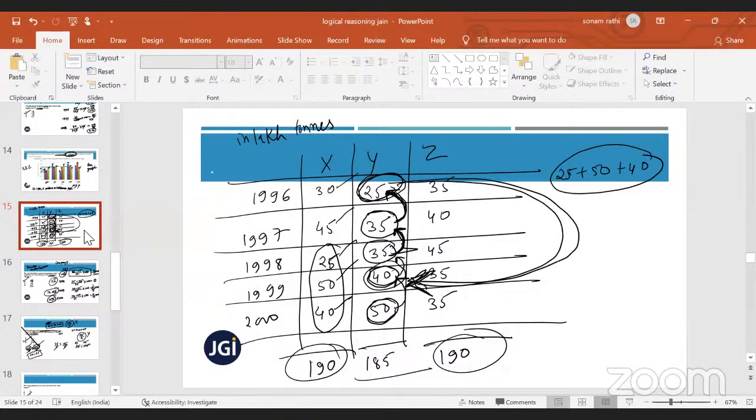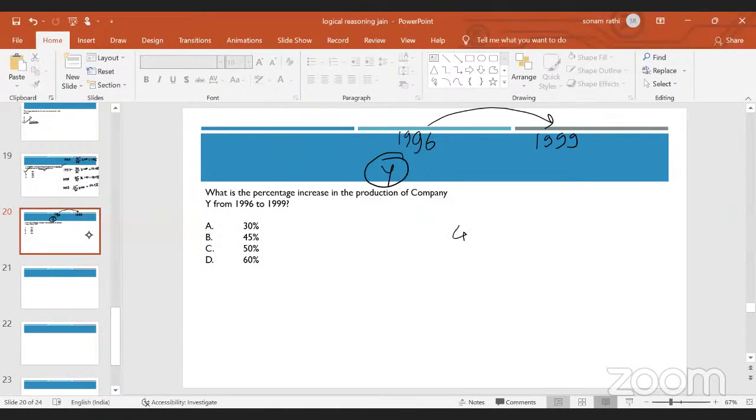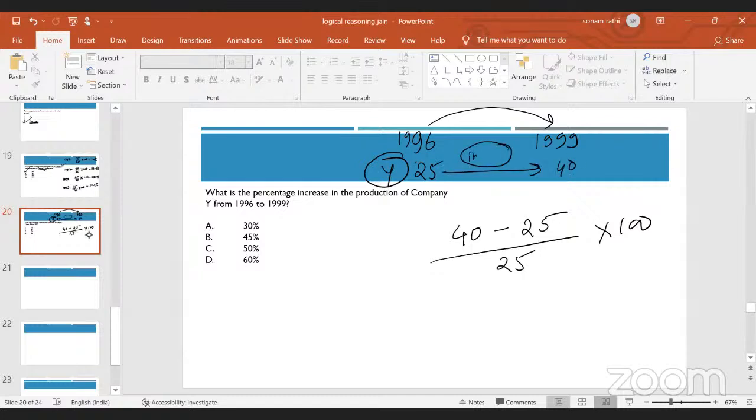Got it? 1996 to 1999, company Y. So how do you calculate increase? I told you, new minus the previous upon previous into 100. This is how we do comparison, because this was 25, this was 40. So 40 minus 25 upon 25 into 100.